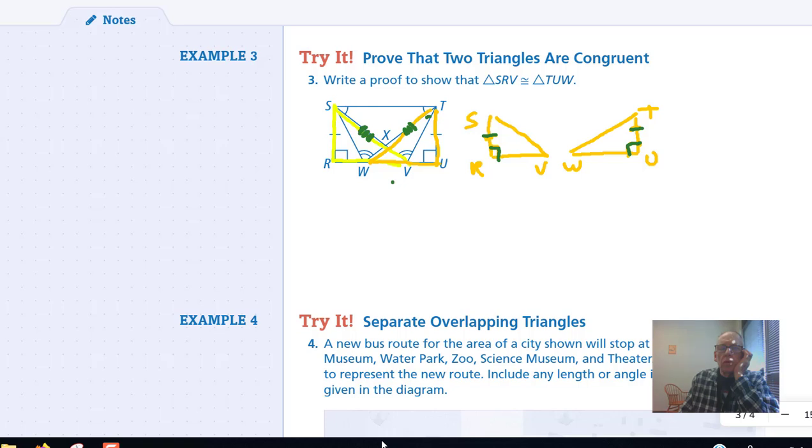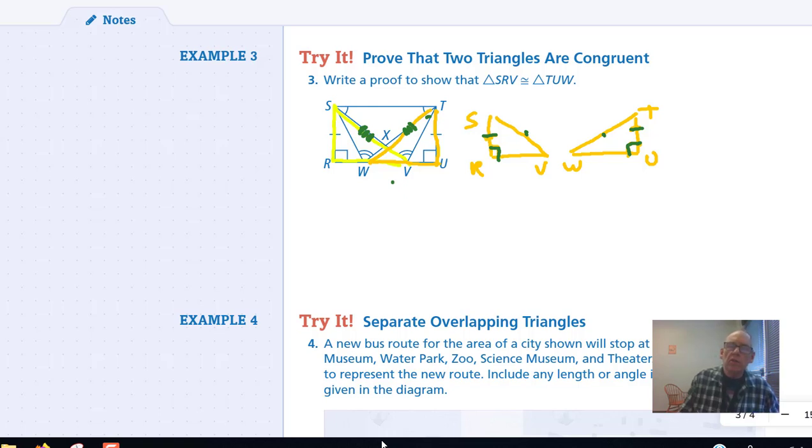So let's see. So part of this is congruent to the other part. I'm looking to see if I can find a way of showing that XV and XW are congruent also. Then that would actually give me the whole hypotenuse being equal between those. Angle, angle, side.